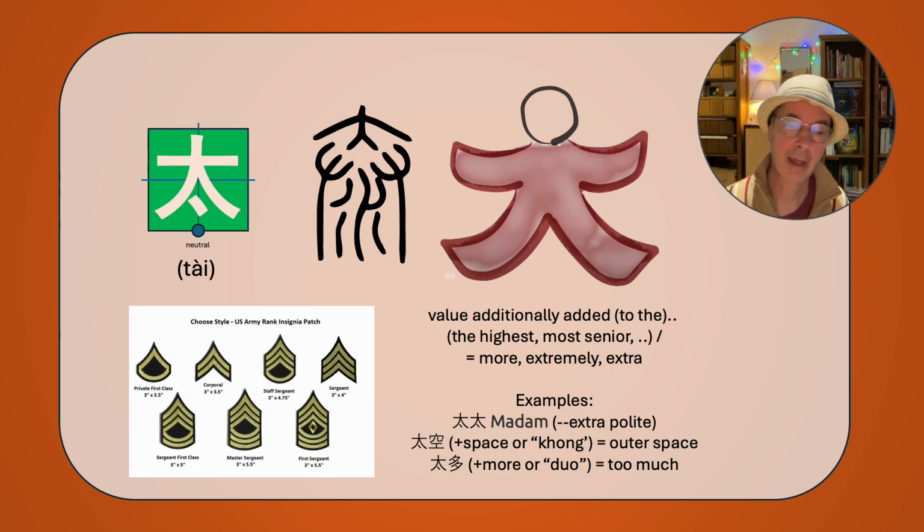So when you have extra space, the puzzle is easy. If you have that extra space added to it, you come into the outer space. It's not just a space around you. It's the outer space. That is what the reference is to. Or with Thai and Duo, you have more.